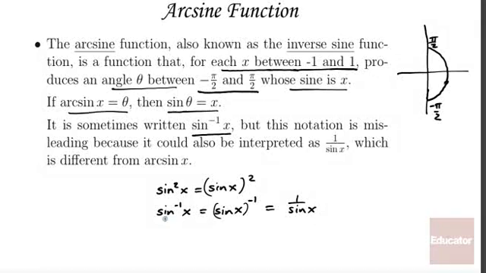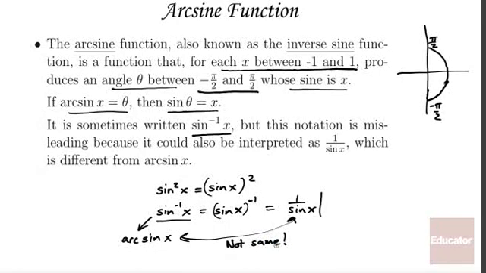The sine inverse of x doesn't mean 1 over sine x. It means arcsine of x. And so this notation really is very ambiguous because this inverse sine notation could mean arcsine of x, or it could mean 1 over sine x. And so this notation is ambiguous because arcsine of x and 1 over sine x are not the same.